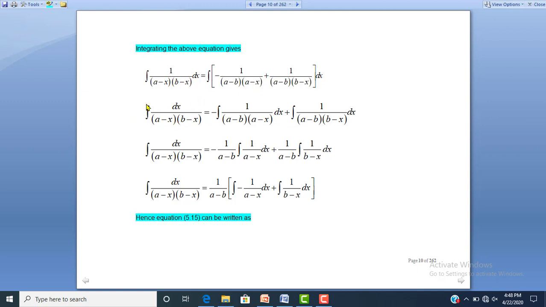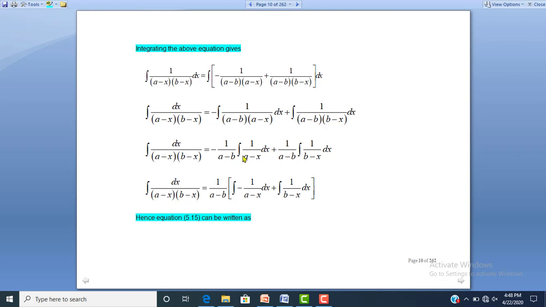So this will be integration of dx over A minus X into B minus X is equal to minus integration of 1 over A minus B into A minus X dx plus integration of 1 over A minus B into B minus X into dx. When we rearrange these values, 1 over A minus B in both these two terms will be taken as constant.